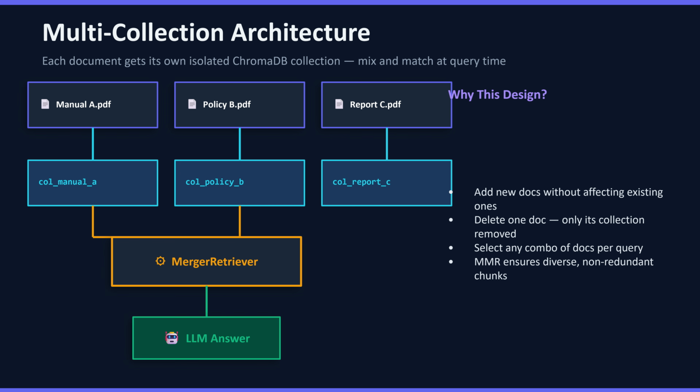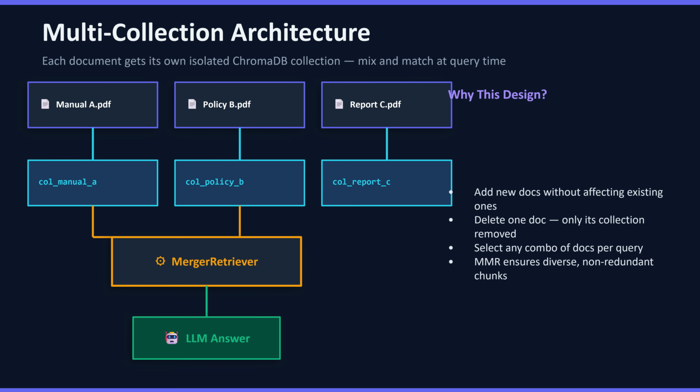At query time, the user selects which documents to query using checkboxes in the UI. The system instantiates retrievers only for those selected collections. Then a merger retriever combines those retrievers into a single retrieval interface. LangChain runs MMR across all selected collections simultaneously, and the results are passed to the LLM.